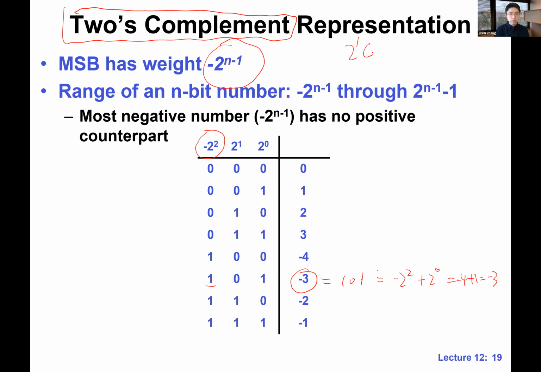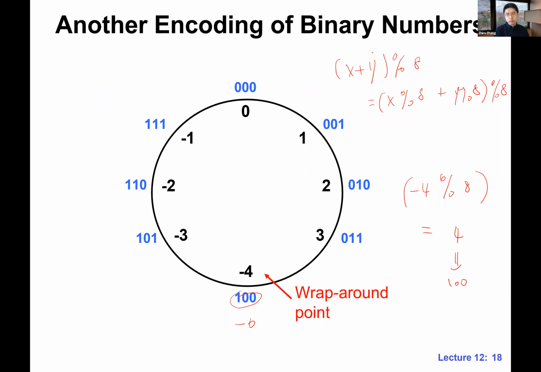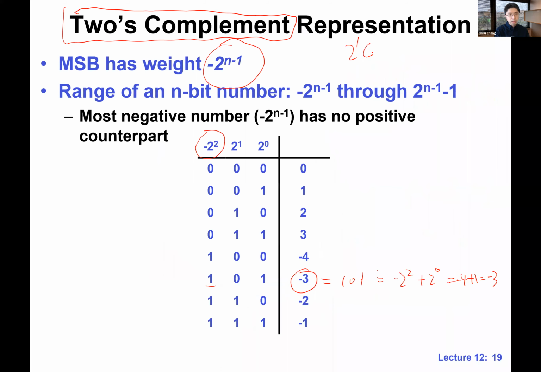Any questions about 2's complement? Again, the encoding is basically a circle, and modular arithmetic operates on such circles. That's why I drew a circle here. And the key thing is the weights. The weight for the MSB is a negative number now.